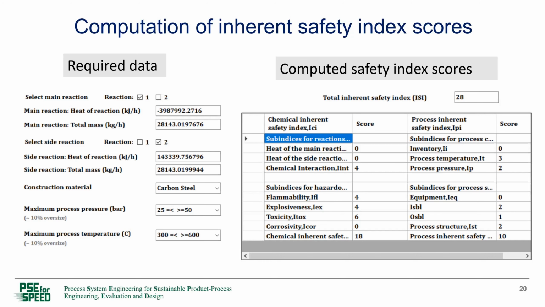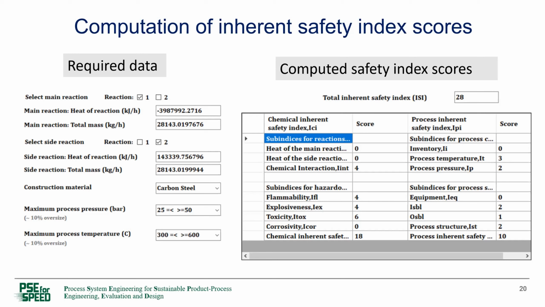The first column that you see is the chemical inherent index. Every chemical has a value with respect to toxicity, corrosivity, heat of reaction, and so on. And then we count the total number. And on the right, with respect to operation, the operational variables. And then I think the total number is 28 in each case. So the total sum is 56.